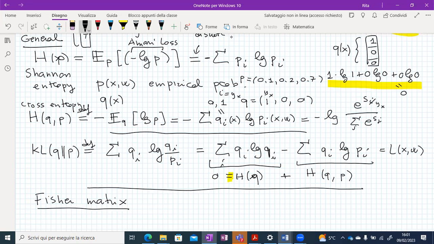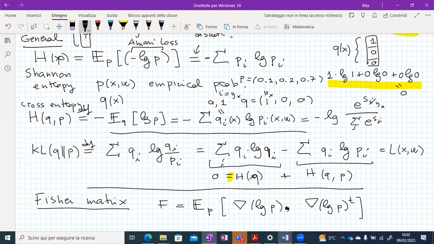All right. So the Fisher matrix is defined, by definition, as a symmetric matrix: the expected value, according to a certain probability, of the gradient of the logarithm of p times the gradient of the logarithm of p transpose. So you actually get a matrix, because you think of the gradient as a vector.